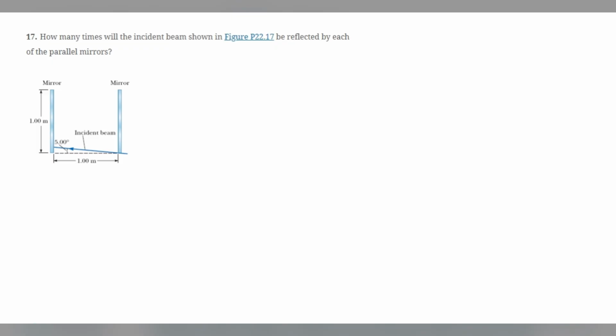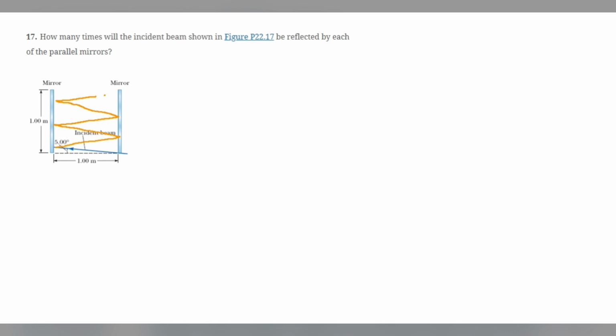So basically, what they say is you have those mirrors, and then you have this incident ray, and this incident ray makes an angle of 5 degrees with the mirrors. So that means that there will be one reflection like this here. There will be later another reflection like this, and another, and another.